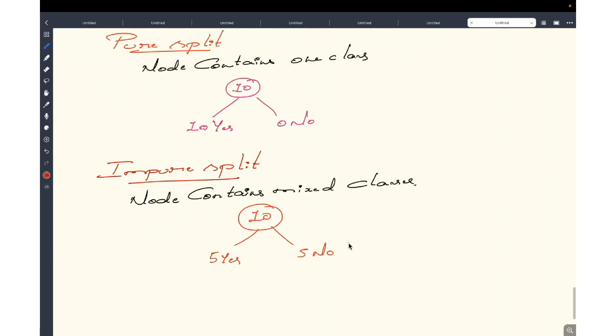Or it can also be something like 7 yes, 3 no. So when it's a pure split, entropy will be 0. When it's very impure, like equal chances, 5 yes 5 no, in that case entropy will be 1. And for other cases, entropy will always lie within 0 to 1. Okay, hope it's clear so far.